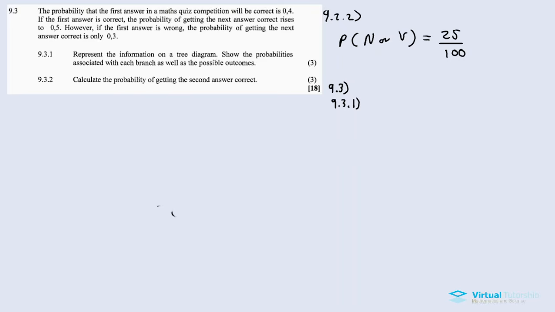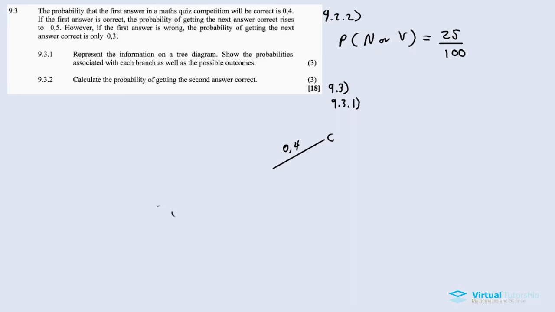First answer: the probability of getting the first one correct is 0.4, right? The C stands for correct, so the probability of getting the first one correct is 0.4.